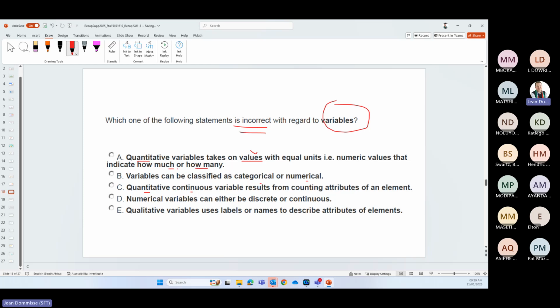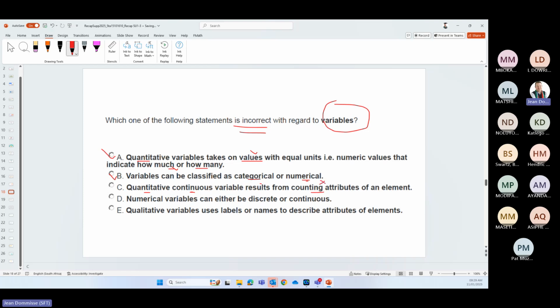So that is all correct. Variables can be classified as categorical or numerical. Okay, so that's the two. So that is correct. Quantitative, so quantity, continuous variables result from counting.